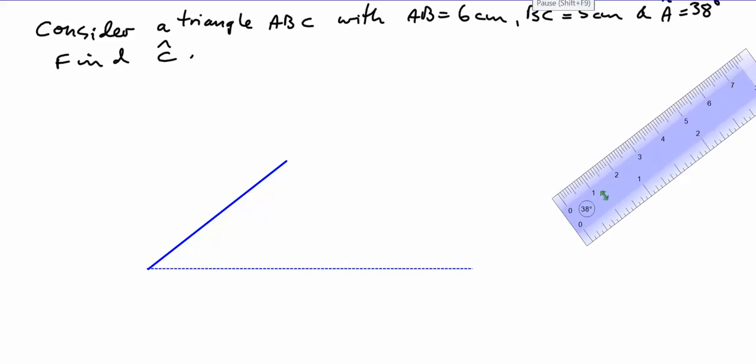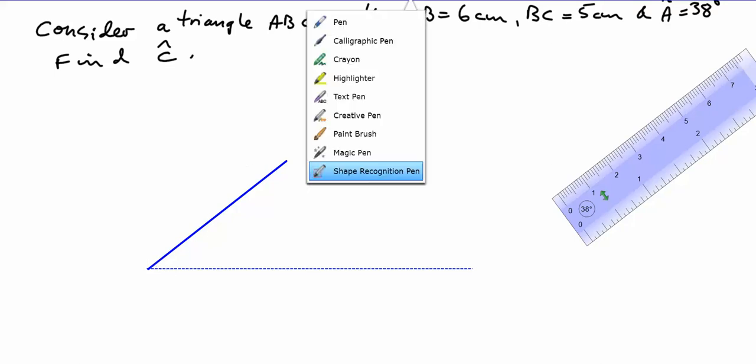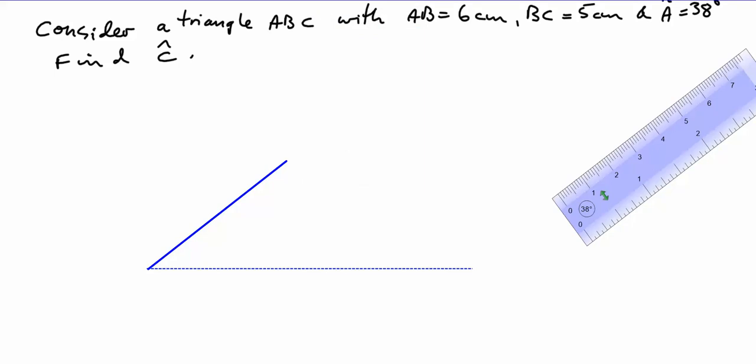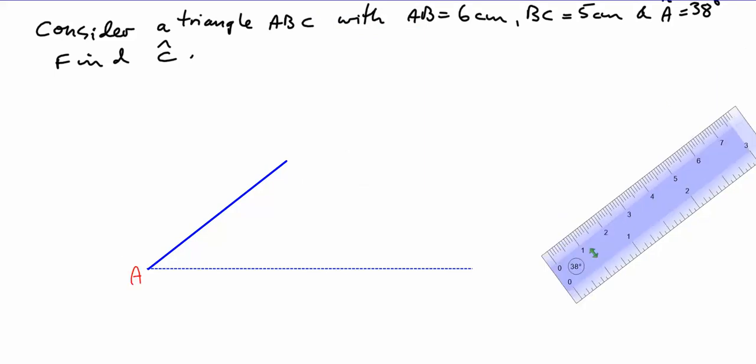So this is the point A down there, and this is B up here.